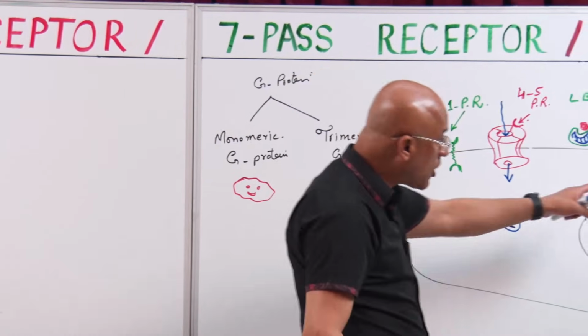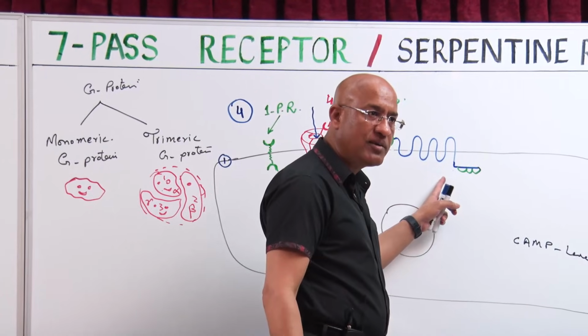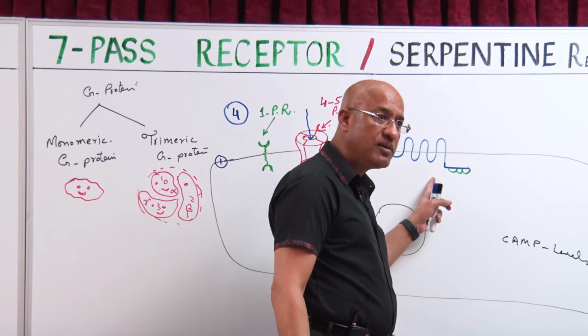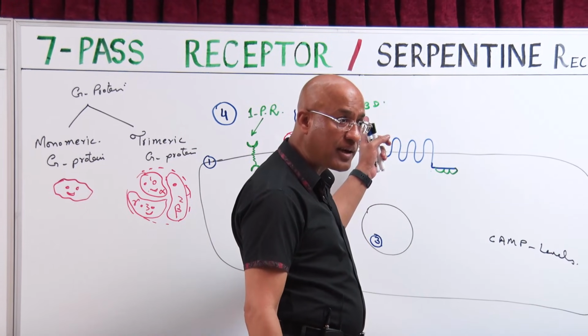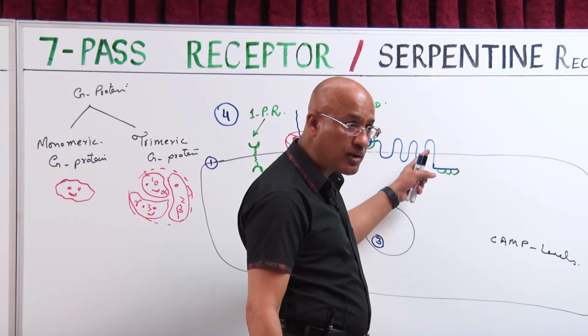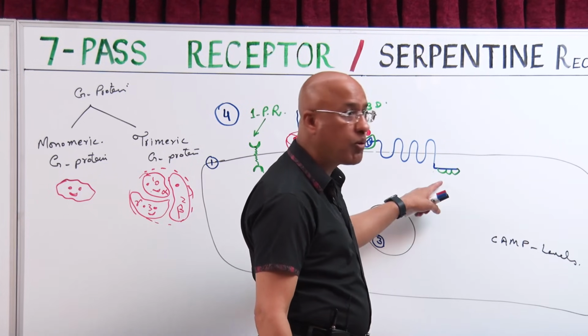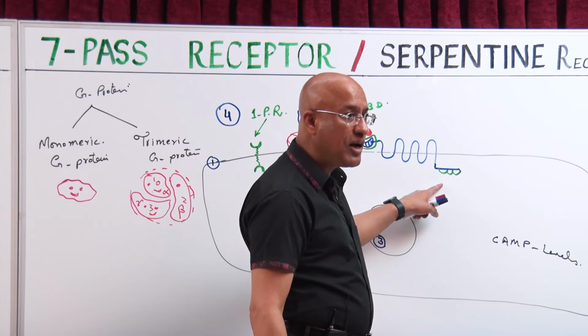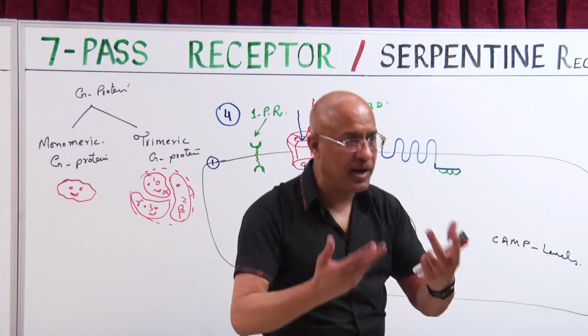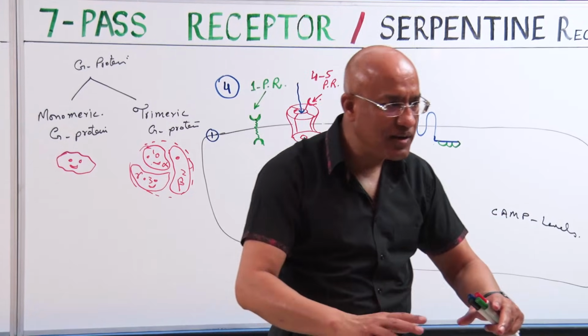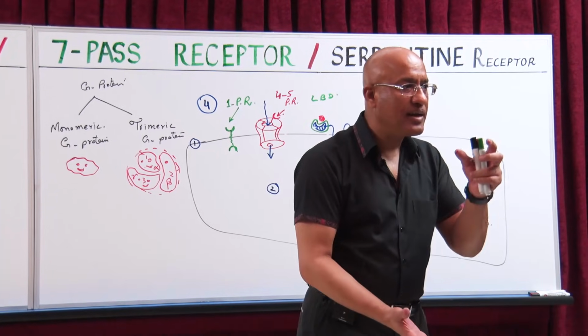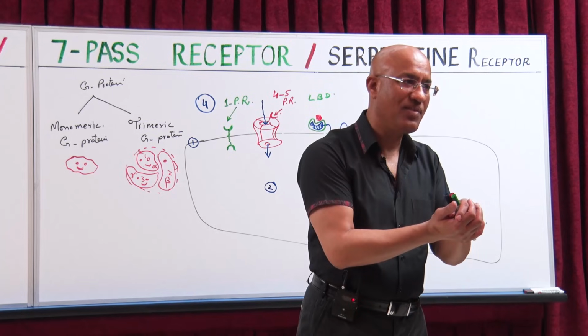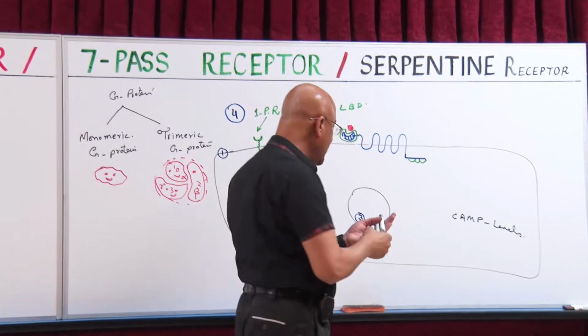They do play a role in signaling in the cells. But when we talk about 7-pass receptors, we are talking about those receptors that, upon binding with the ligand extracellularly, undergo conformational change, and intracellularly the effector domain changes in such a way that trimeric G protein will bind there. What will bind there?